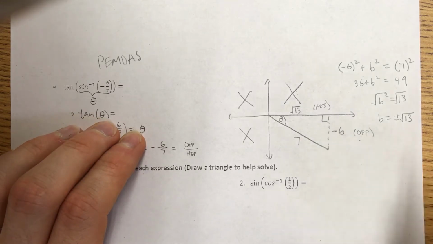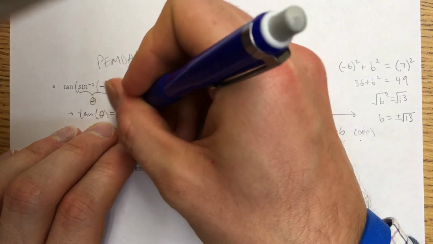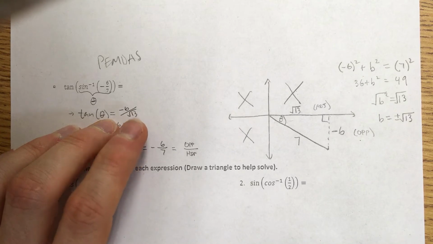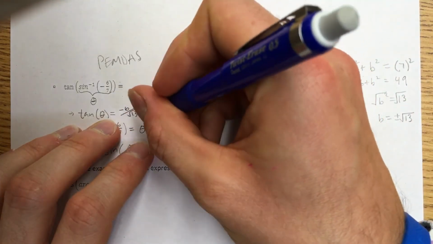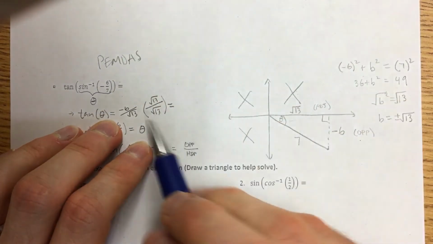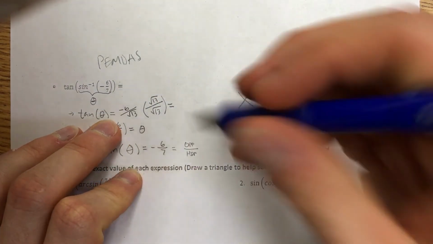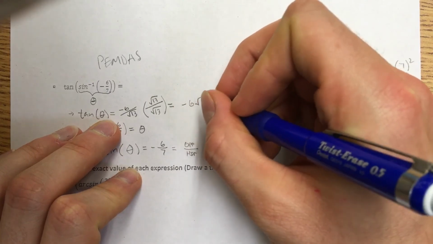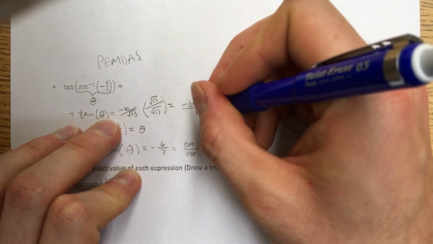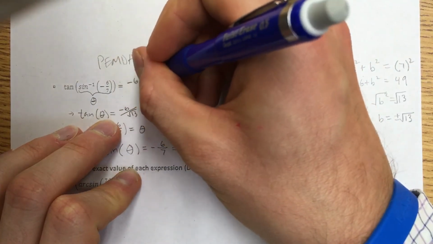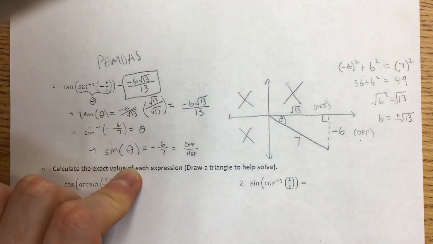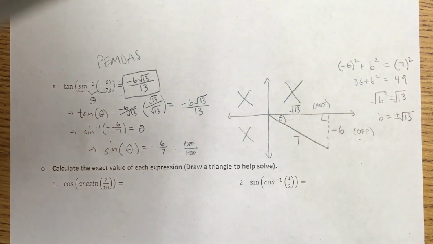Tangent is opposite over adjacent, or in other words, negative 6 over square root of 13. We know that we cannot have a square root in the denominator, so we multiply by square root of 13 over square root of 13. Negative 6 times the square root of 13 would give us negative 6 square root of 13. And square root of 13 times the square root of 13 is just 13. So this would be our solution, just from that little problem, all of this work to get to a solution.